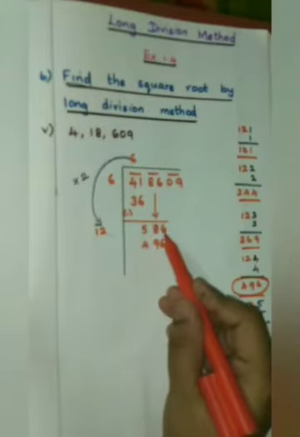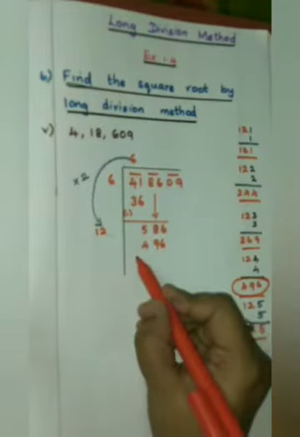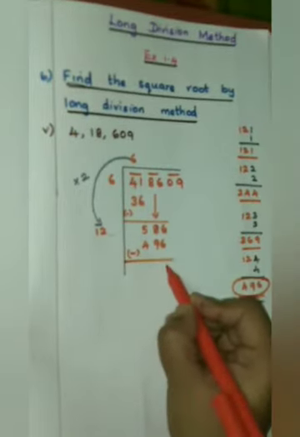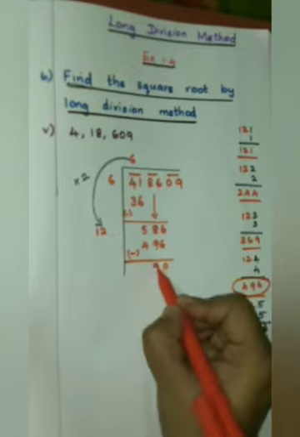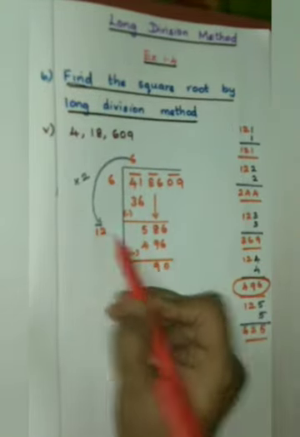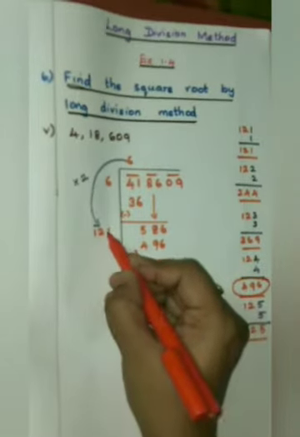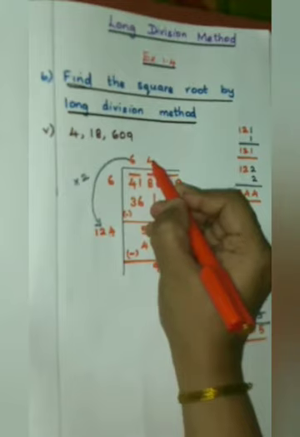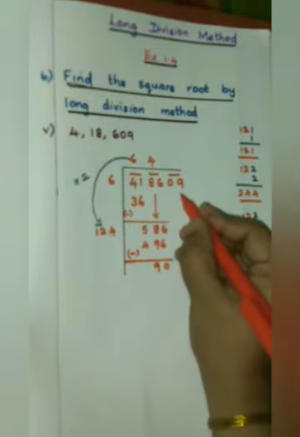Write 496 below 586 and subtract it. The remainder is 90. The required digit is 4. Write 4 in the quotient also. Bring down the next period.